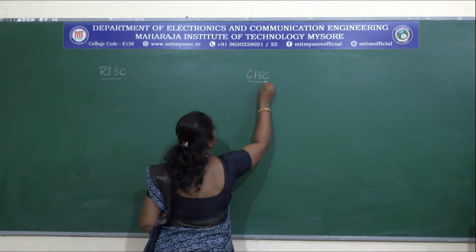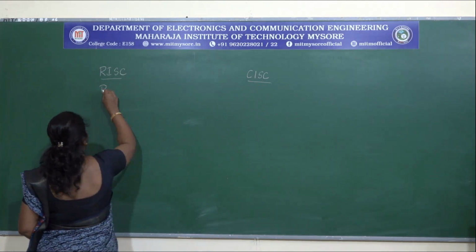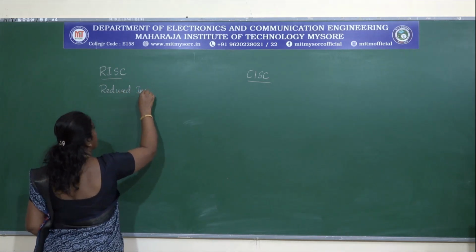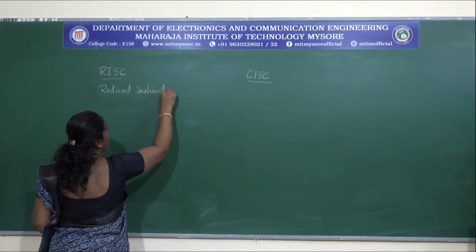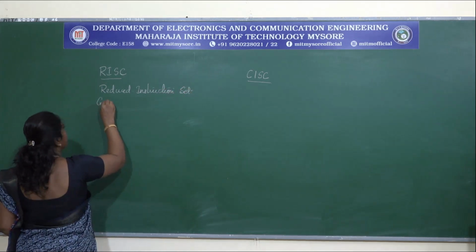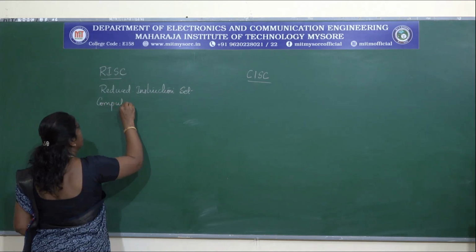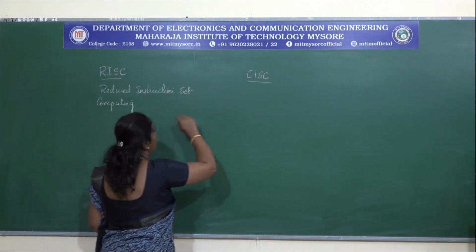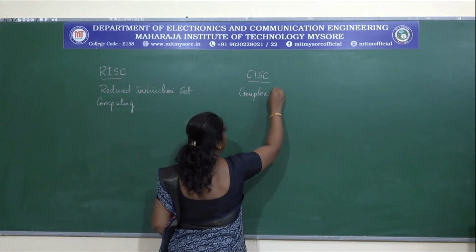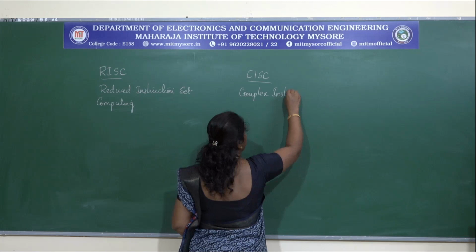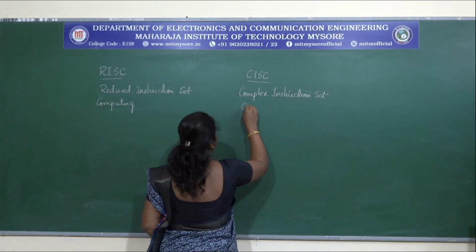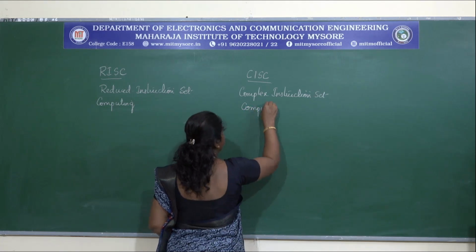RISC stands for reduced instruction set computing, and CISC stands for complex instruction set computing.